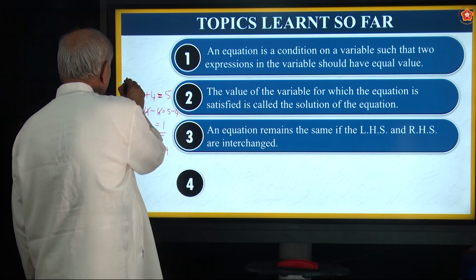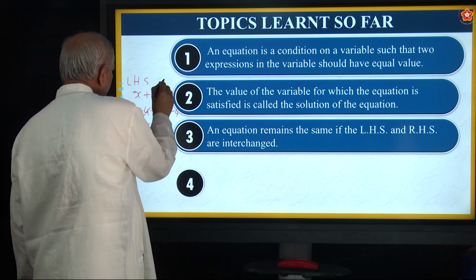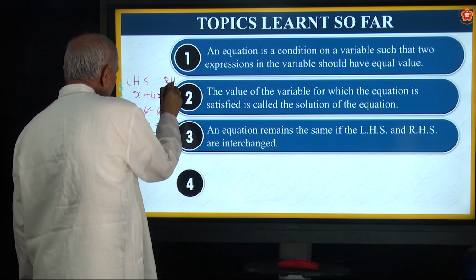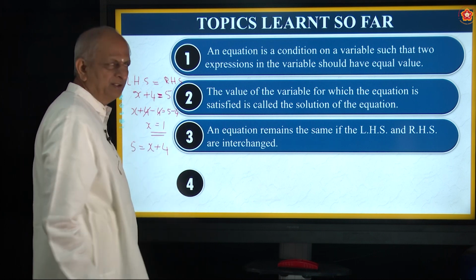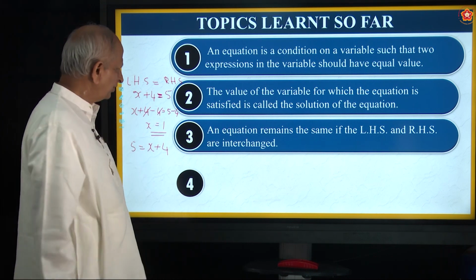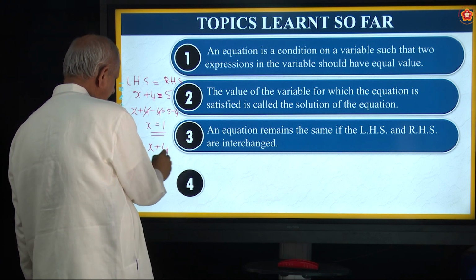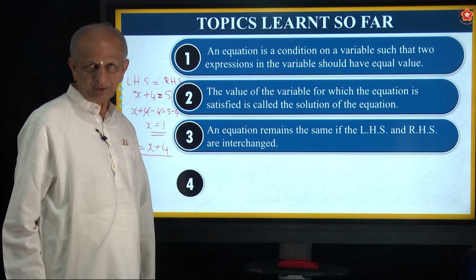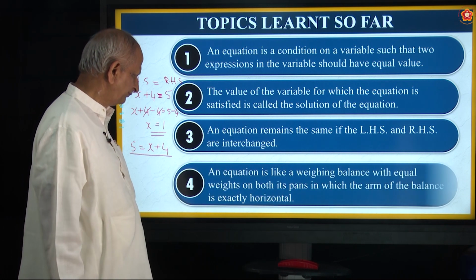This is called left hand side and this is called right hand side and this sign is called equal sign. So, the right hand side can be brought to left hand side as you have done here, okay. Then also the value does not change.